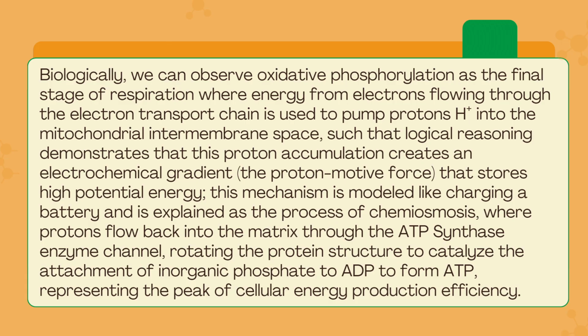This mechanism is modeled like charging a battery and is explained as the process of chemiosmosis, where protons flow back into the matrix through the ATP synthase enzyme channel, rotating the protein structure to catalyze the attachment of inorganic phosphate to ADP to form ATP, representing the peak of cellular energy production efficiency.